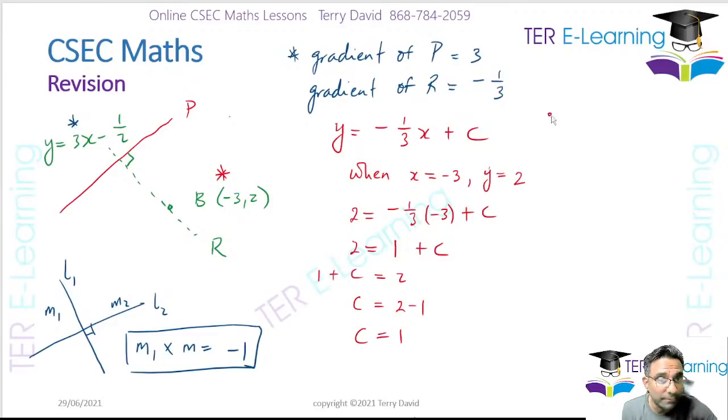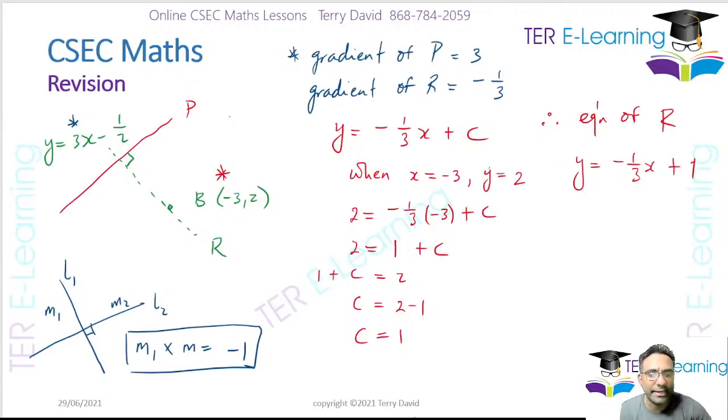So the equation of R, which is what we're trying to find, is y is equal to minus 1/3 x plus c. So this is plus 1. That's my equation for R.